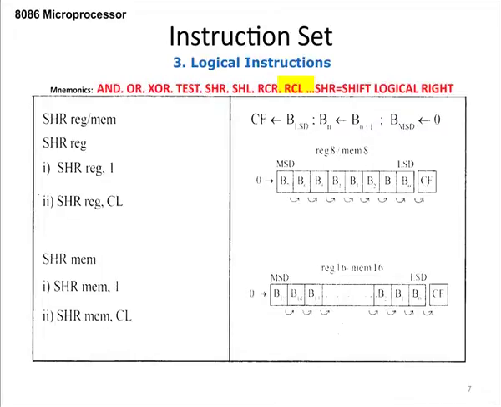Here CL is used to define the number of times we want to shift the contents of that register. While using the shift instruction, the contents of the register or memory are shifted by 1 bit and a 0 will be inserted at the vacant position.